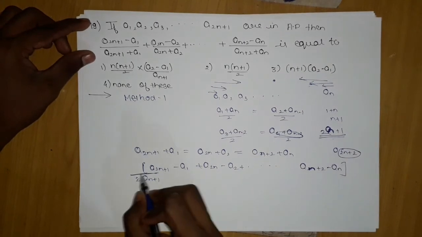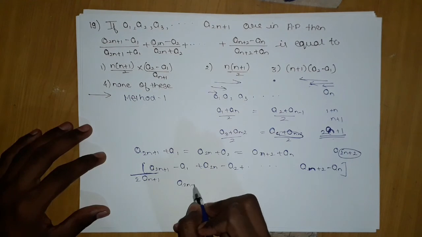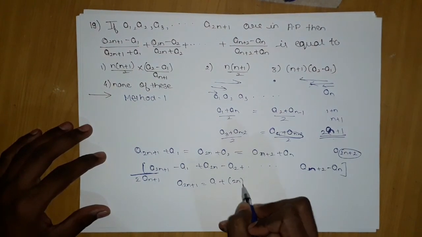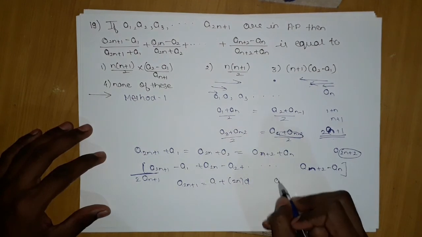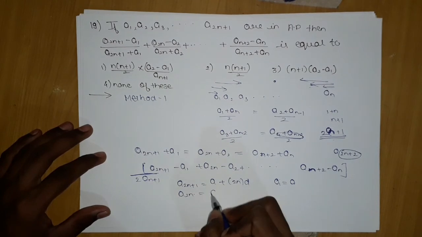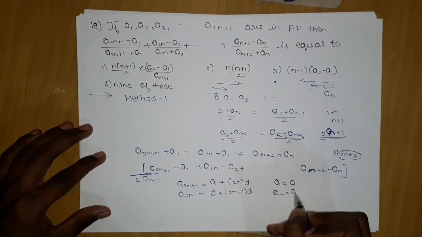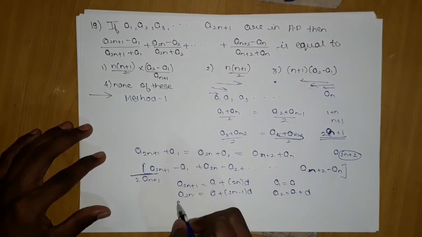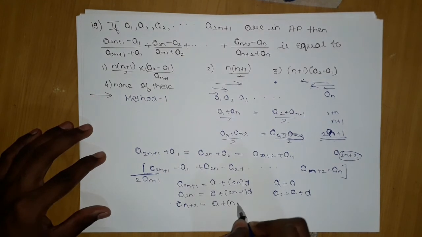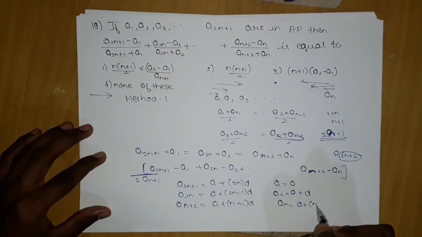Now if I open them, I will open a2n+1 first: it is a + (2n+1−1)d, that is, a + 2nd. Similarly a2n will be a + (2n−1)d, a1 is a, and a2 will be a + d. The last terms: an+2 will be a + (n+1)d, and an will be a + (n−1)d.